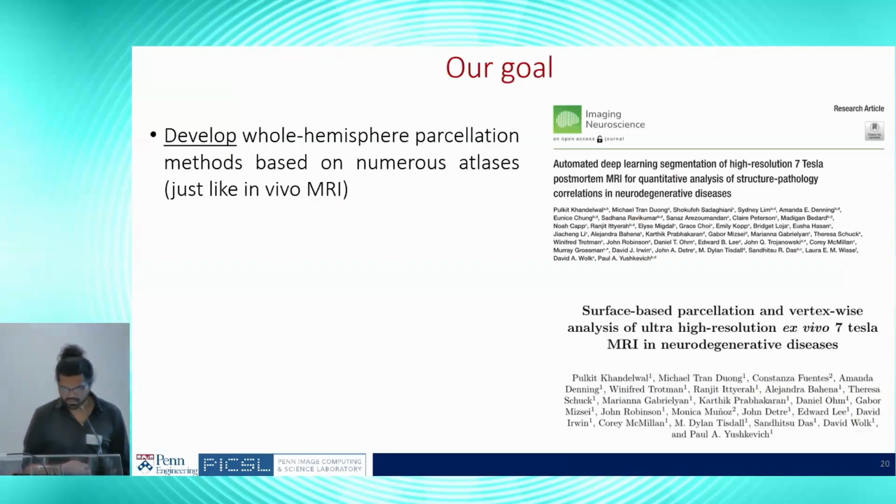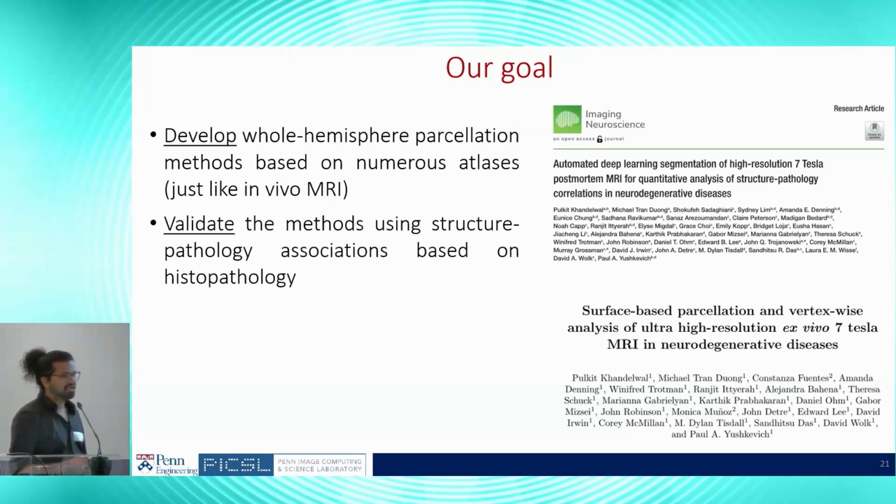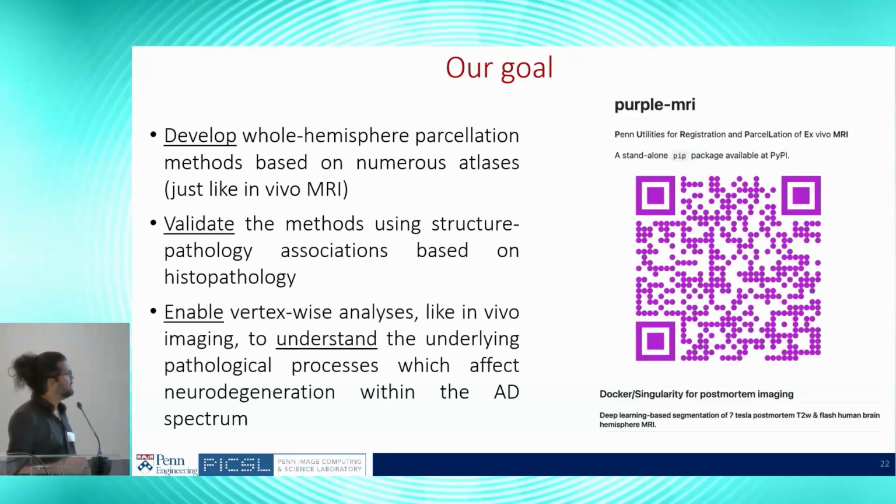So over the last 3 years, what I've been working on in the group is to develop a whole hemisphere parcellation and segmentation method, just like how FreeSurfer does for numerous atlases in native space, and then validate the methods using structure-pathology associations based on the contralateral and also ipsilateral histopathology data, and then build vertex-wise analysis tools so that we can perform group-wise and vertex-wise studies across the whole hemisphere, just like how we do it for in vivo.